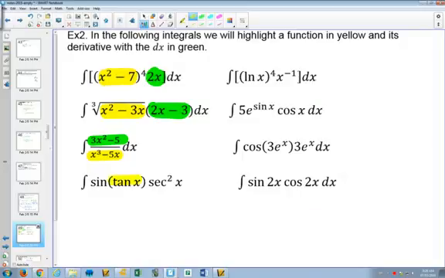Here we have tan x inside of sine x, and the derivative of tan is secant squared. Here we have the natural log inside, and 1 over x is the derivative of natural log.